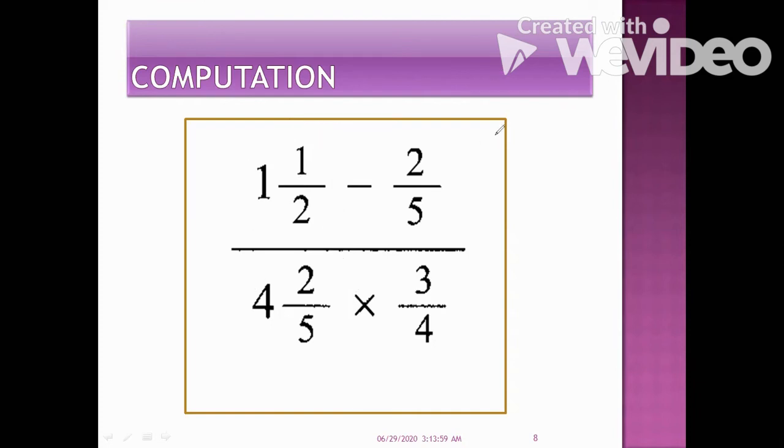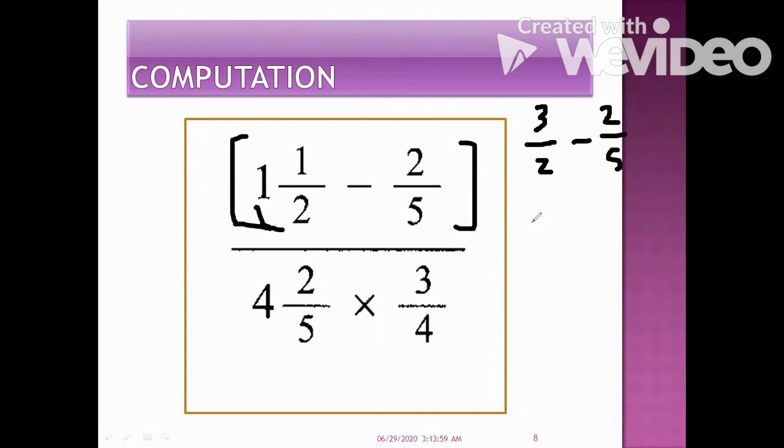So to do that, you say 1 times 2 is 2, 2 plus 1 is 3. So we end up with 3 over 2, subtract 2 over 5. I'm going to work out this top piece. Now when we're adding and subtracting fractions, we find the LCM.